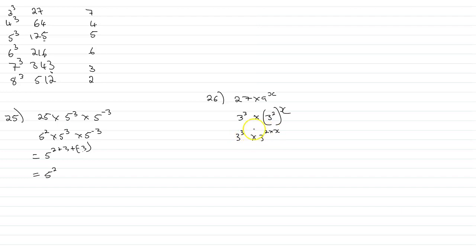According to our rule, if we have 3 to the power of 3 multiplied by 3 to the power of 2x, we need to add these two numbers together, isn't it? Which means the solution to this equation is 3 to the power of 3 plus 2x, because we can't add a variable with a non-variable. So that is our solution.